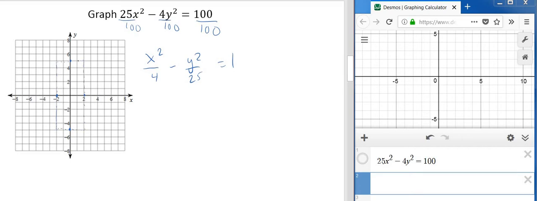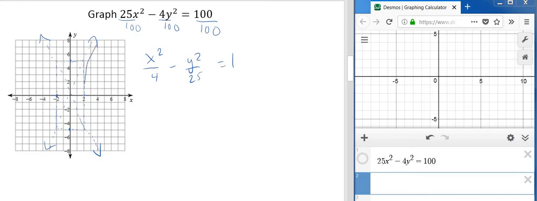If I sketch a box, you can kind of see that. Then through the origin, the center, and through the corners of my box, you sketch these dotted lines. They're asymptotes. Now this thing starts with x squared, so it's opening in the x direction.